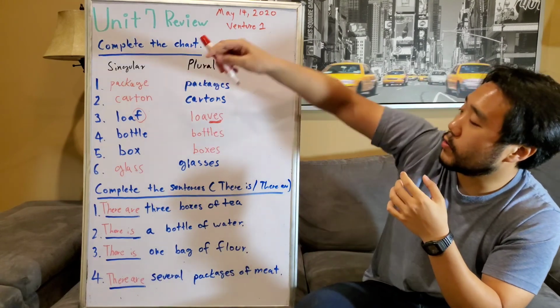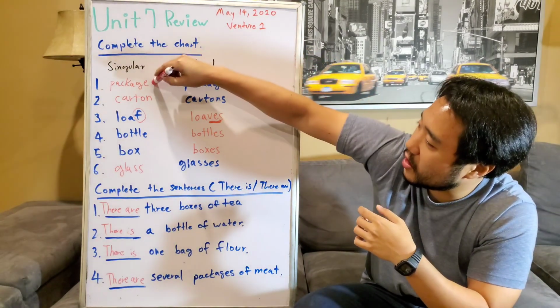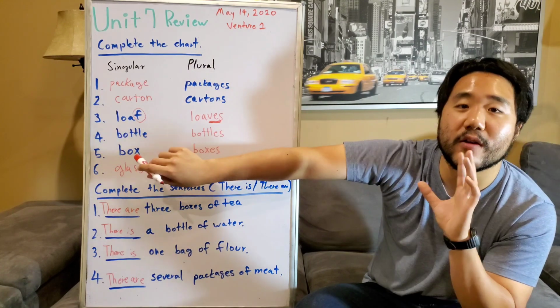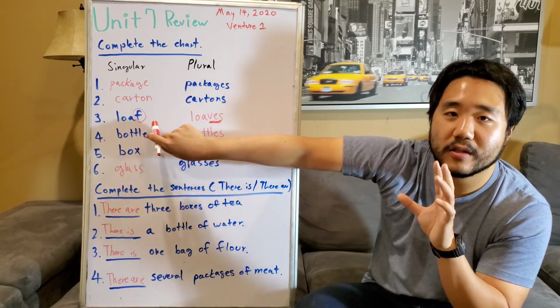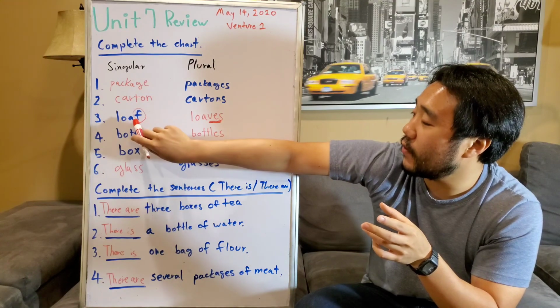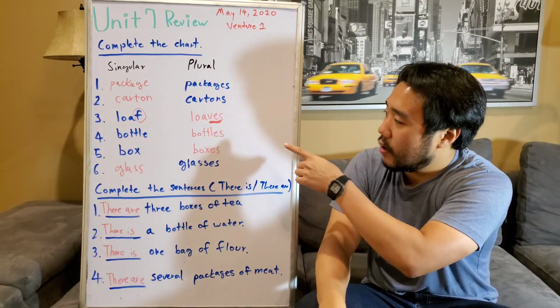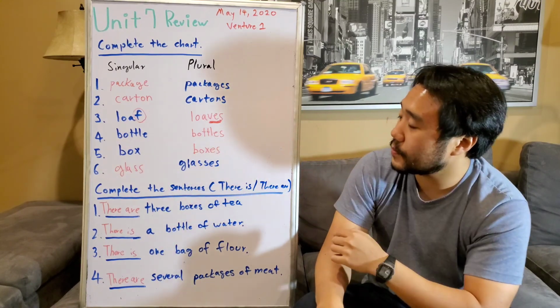So the regular ones are here. So you just need to add the letter S. But here, it's not irregular, but this is a different rule. If a word ends with the letter F, we need to replace it with VES.